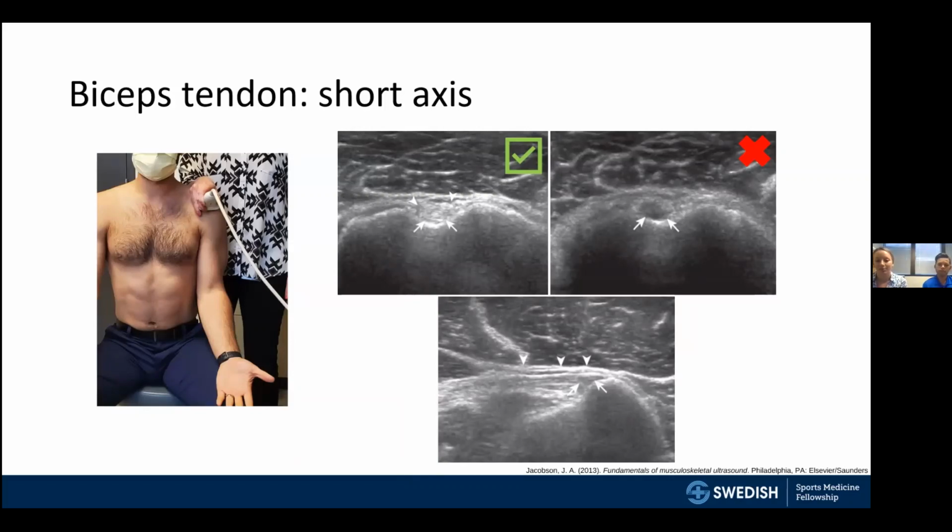That tendon is hypoechoic, and you can mistake it for a tear or a completely different structure, as opposed to when it's a nice hyperechoic structure with the green arrow. We start at the cranial-most aspect of the tendon at the rotator interval, and we scan all the way down to where the tendon dives under the pectoralis major tendon, and that's what this bottom picture is showing.